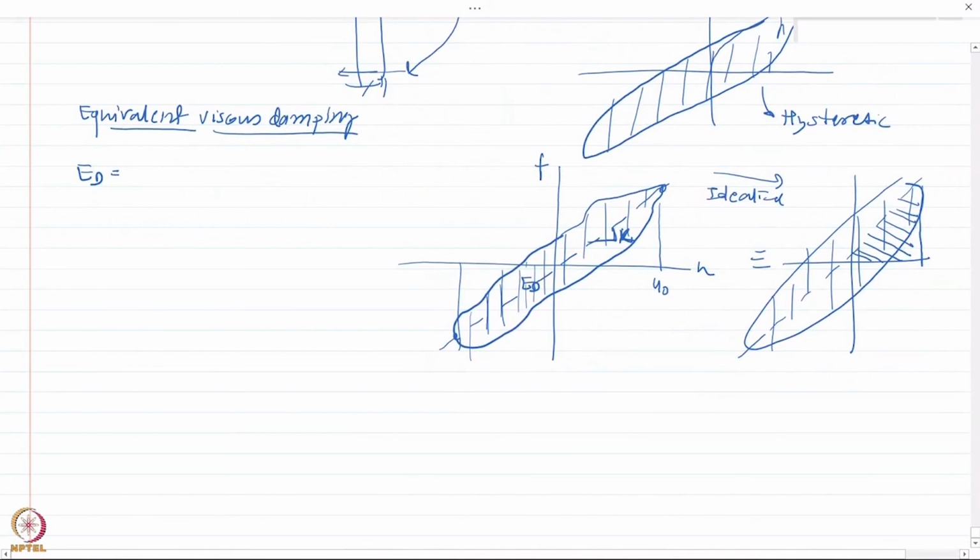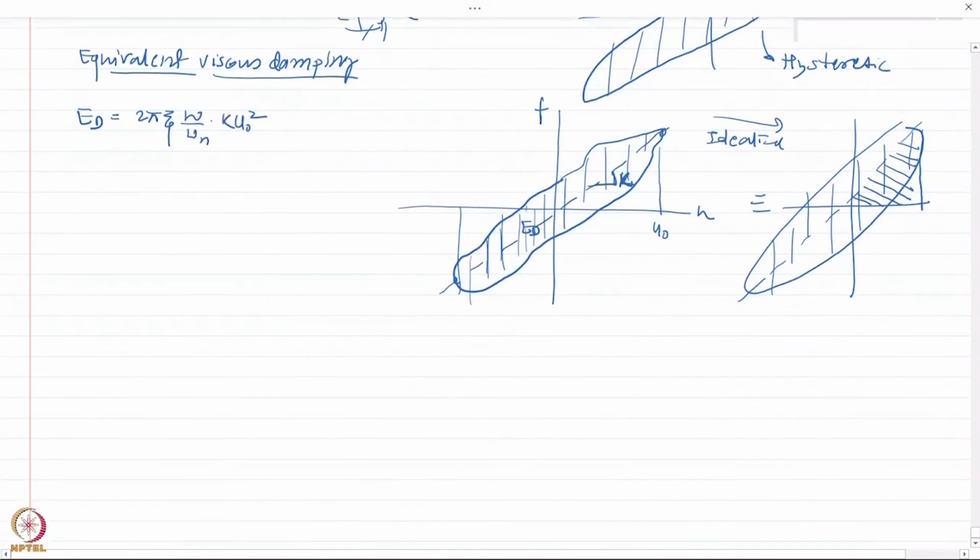And I'm going to use the second expression, which was 2 pi zeta omega by omega n k u naught square. If you look at it carefully, this is nothing but twice the strain energy, twice the peak strain energy of the system that we get from the experiment, which is ESO.